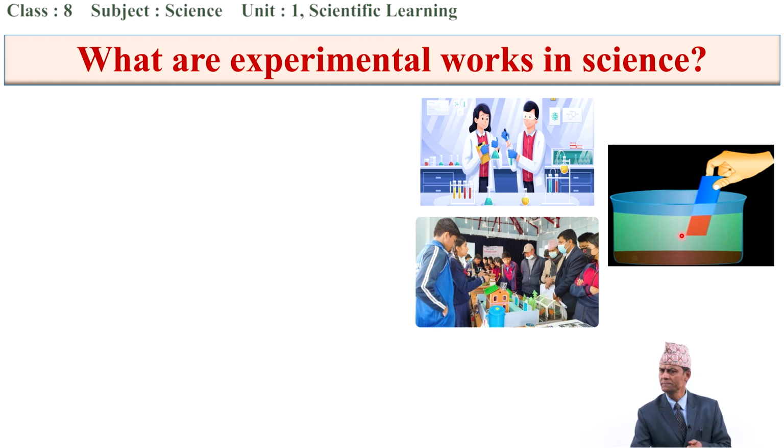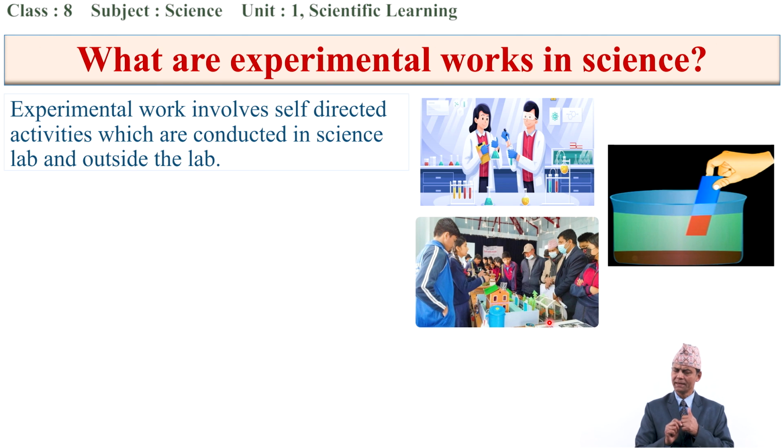This is also a scientific test. Then what do you observe here? Yes, this is one of the scientific exhibitions, a project exhibition. There are project works. So many works are involved in science experimental work.